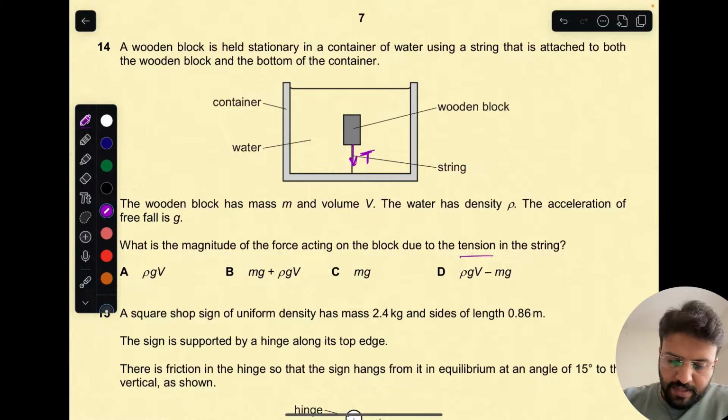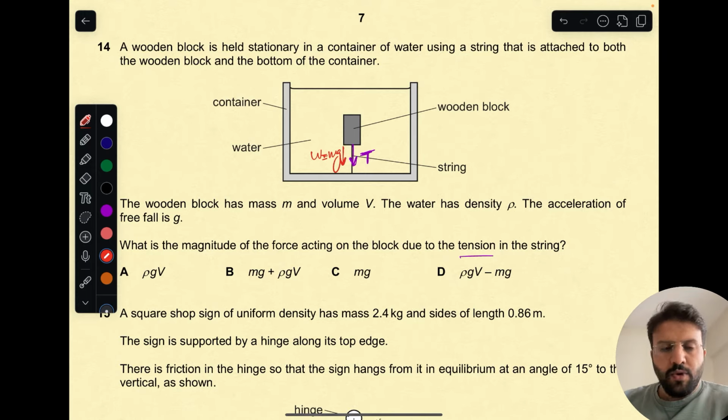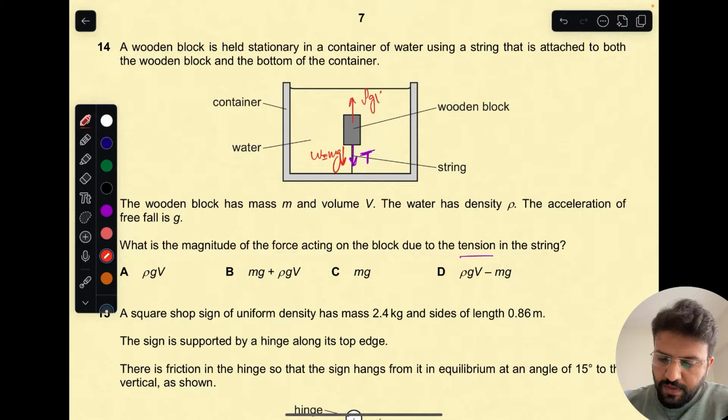There is another force that is acting on the object, that is weight, mg. And why is this object not coming down? Because there is another force acting on it, that is the upthrust, that we write as rho gV.